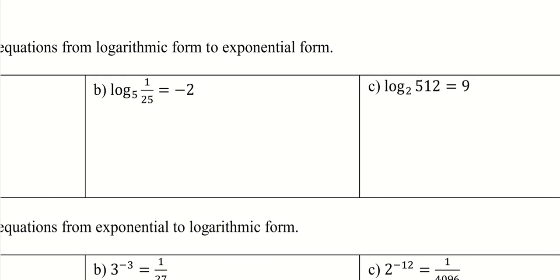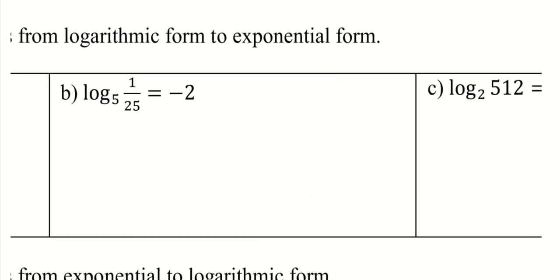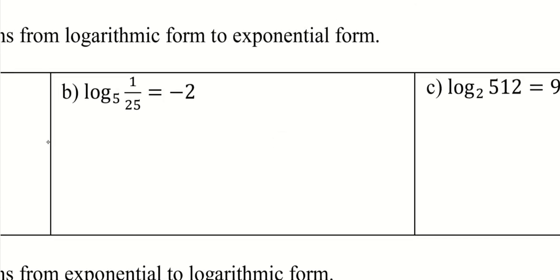Here, in this next example, if we want to take this equation in logarithmic form and write it in exponential form, first we can identify the base, which is 5. And so we can write that, 5. What is the exponent on base 5? Well, the exponent is just going to be the answer to the logarithm, which is -2. So that is the exponent on our base. And what is the answer?